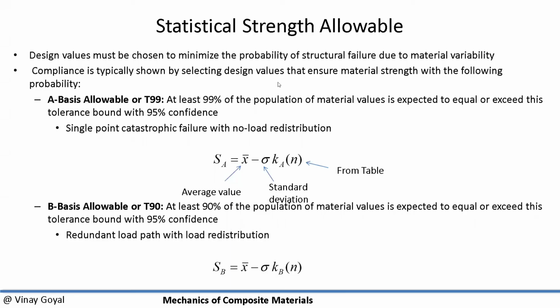So let's look again at the statistical strength allowable. You're going to design to this strength allowable. You're not going to design to the average. So, for example, I have testing that I did on the tensile test machine, and I got 40 KSI, 50, 30, 50. I don't want to design to the average of this.